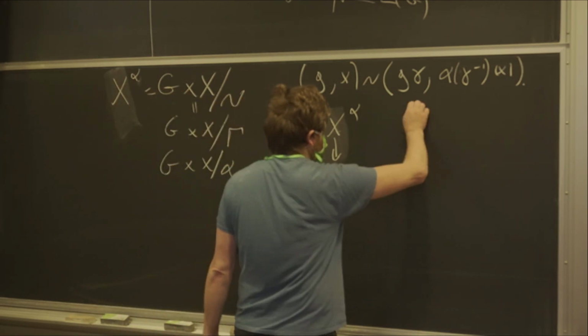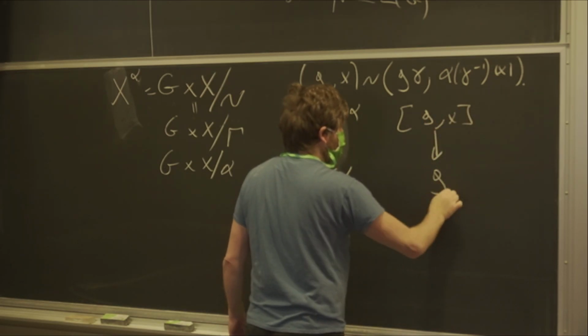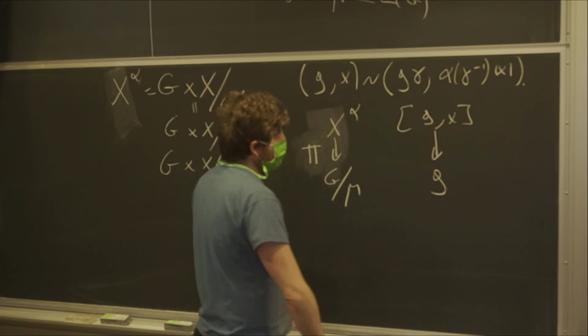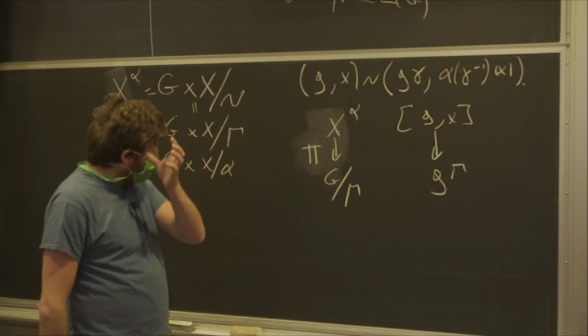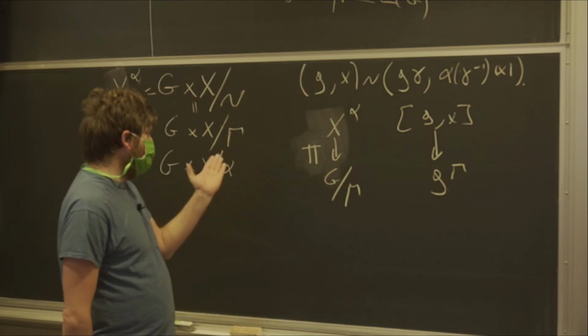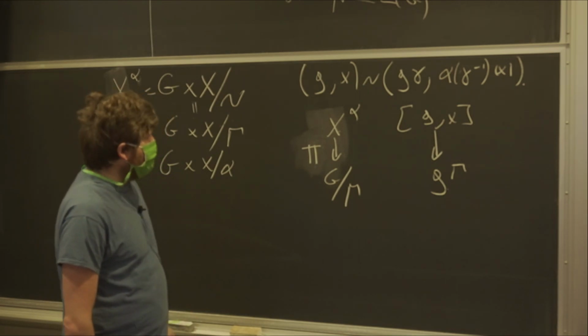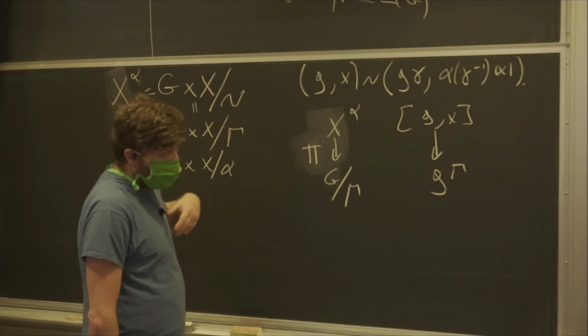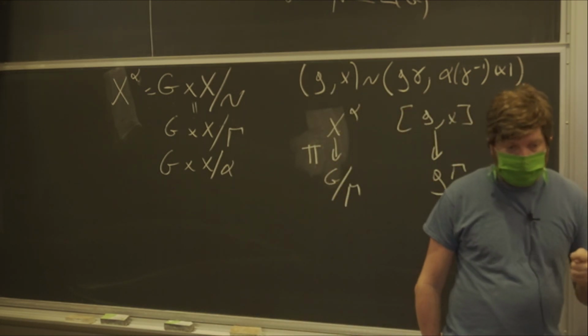Yeah, it's just projection into the first coordinate. Gx maps to G times gamma. So it's a natural map, so it's well defined. Projection into the x coordinate is not well defined. Still, we will have to play at some point with projection into this other coordinate.